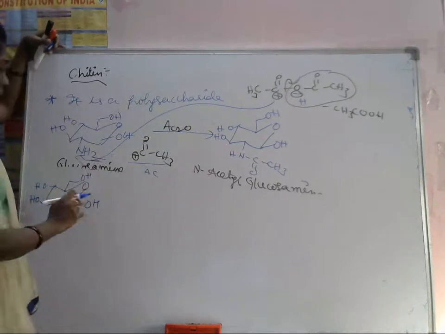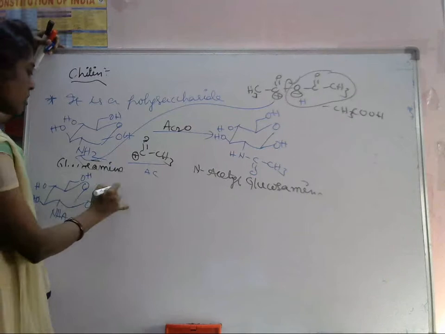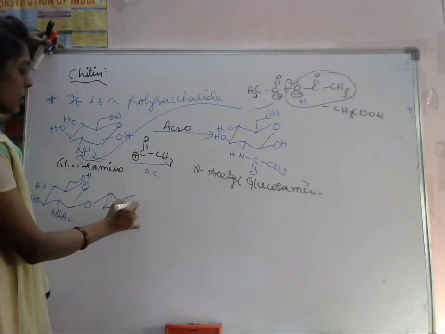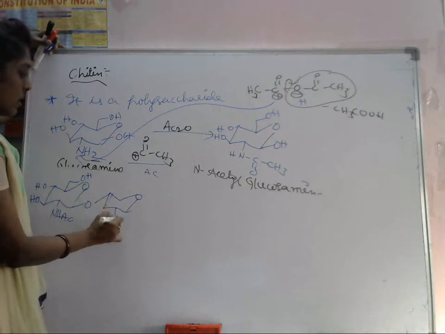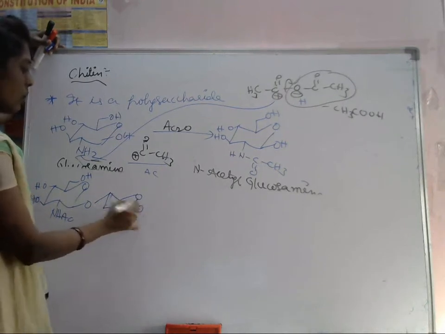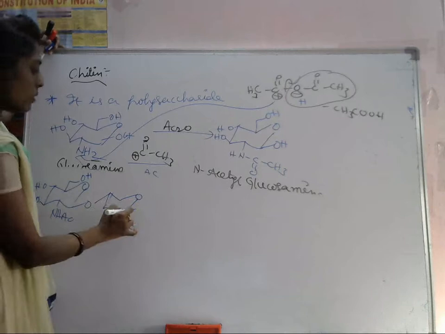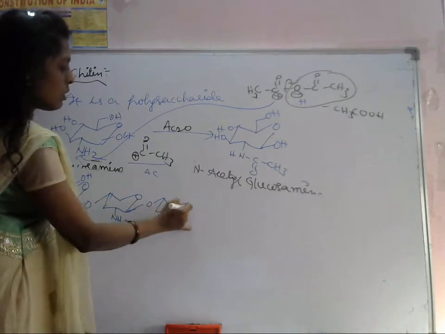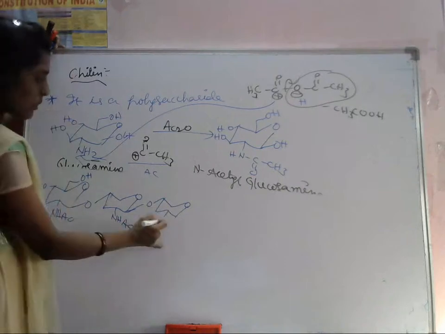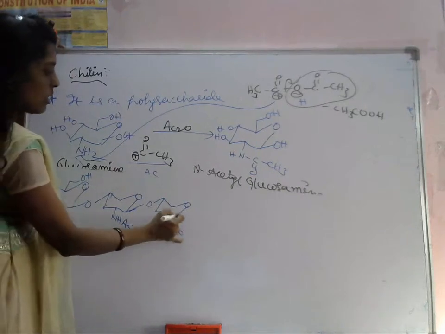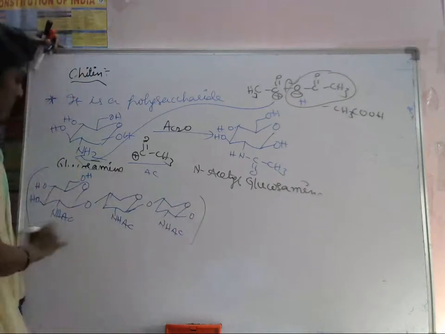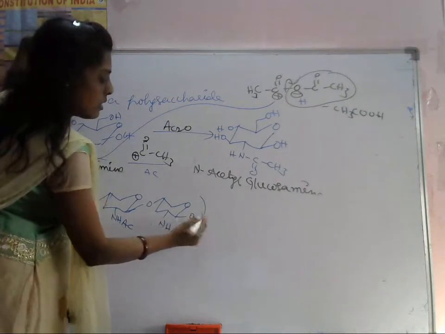If you add this one to the disaccharide, next you get NHAc here, O. Next, like that we have to combine each one. Okay, again it is NHAc here, O. So we have to add like this number of units.